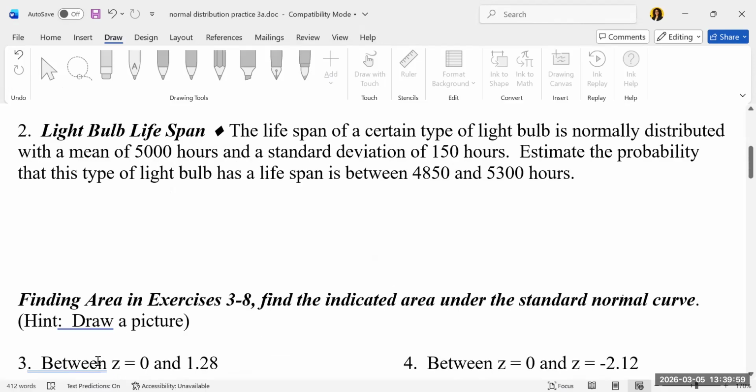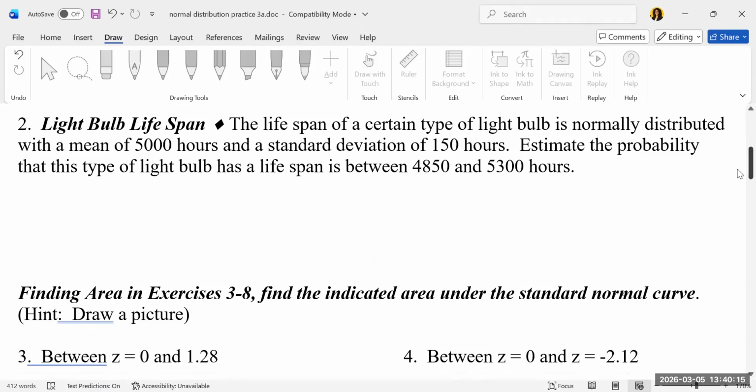Question number 2 is about a light bulb. All right. The lifespan of a certain type of light bulb is normally distributed with a mean of 5,000. So the mean of the light bulb is 5,000.